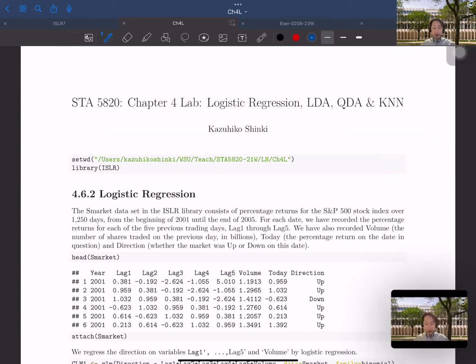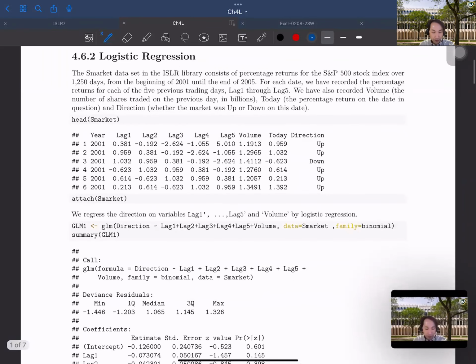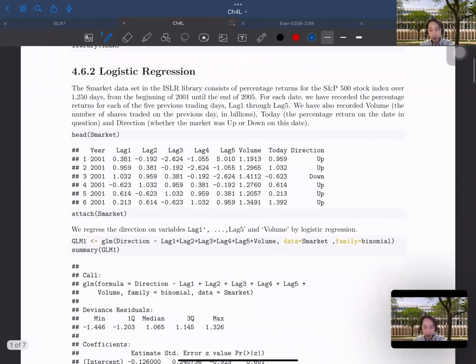Okay, so here, chapter 4 lab: implementing logistic regression, LDA, QDA, and the K nearest neighbor method. At first I would like to introduce the data. This is stock market data, the S&P 500 stock market index, the daily return of this stock index for 5 years.